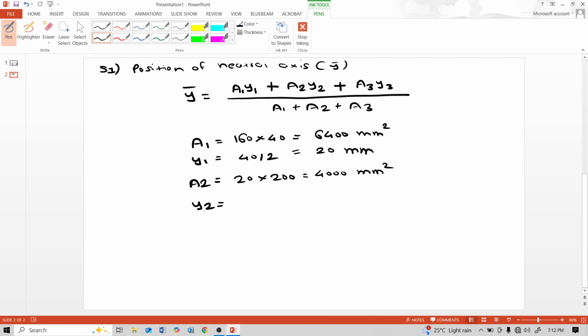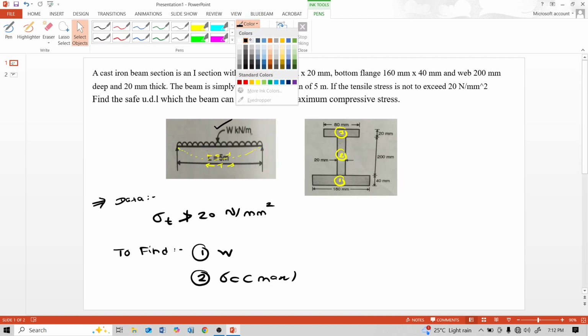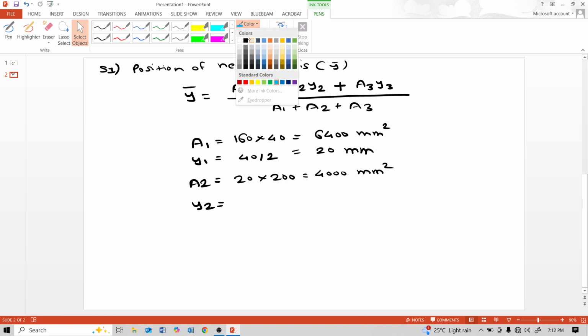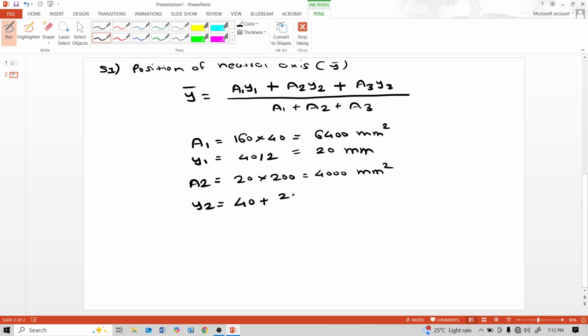And Y2 is the distance between the bottommost fiber and the mid of this web. That means 40 plus 200 by 2, that is 40 plus 100, 140 mm is Y2.